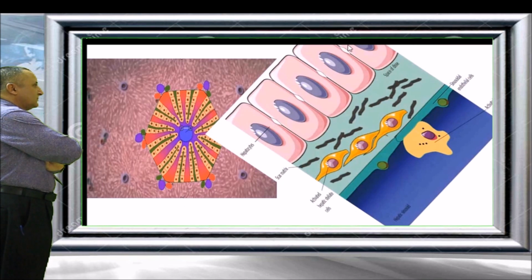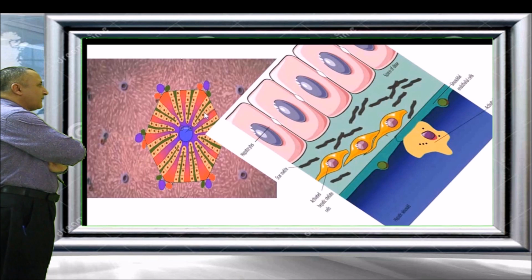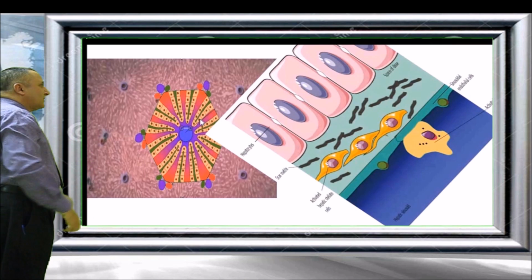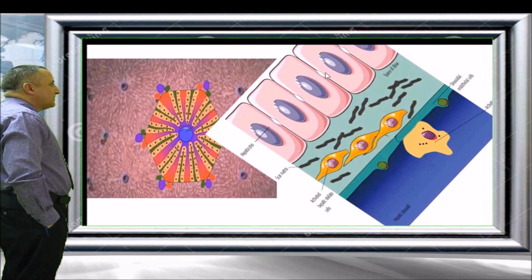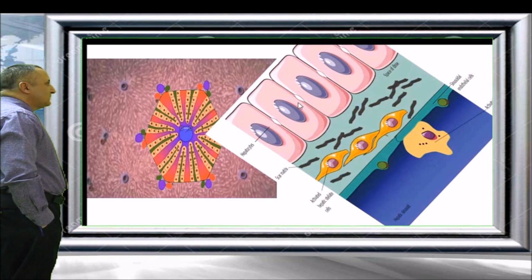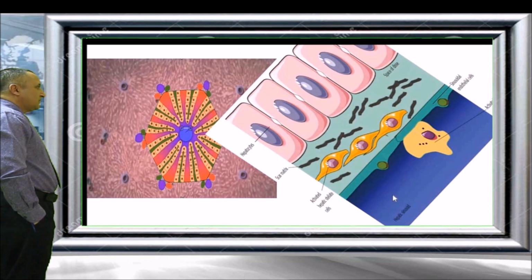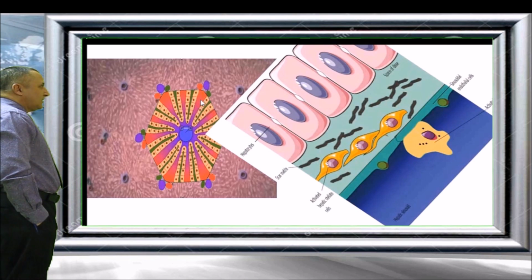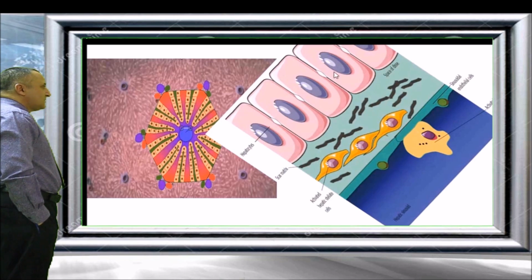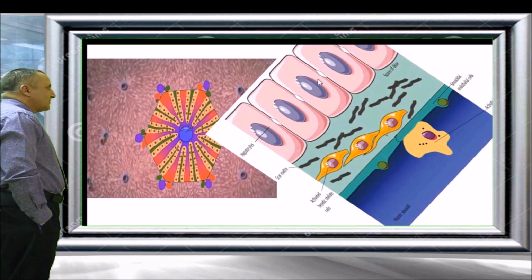So it can be shown here also. This is the cellular plate, or these are the hepatocytes, and this is the sinusoid. Here the red color is the sinusoids on either side of the hepatocytes. So these are the hepatocytes, and on the side of it there is a sinusoid.